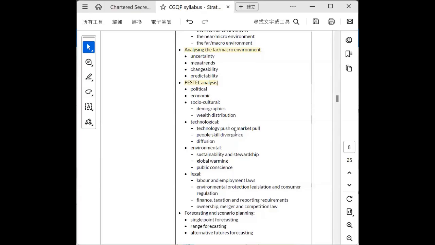Now, finally, the legal factors, and it encompasses laws on labor, environmental protections, consumer rights, taxation, and all the other things. So they shape the operational boundaries, compliance obligations, and the strategic choices.